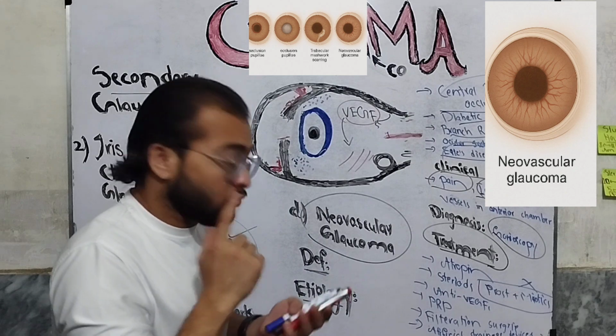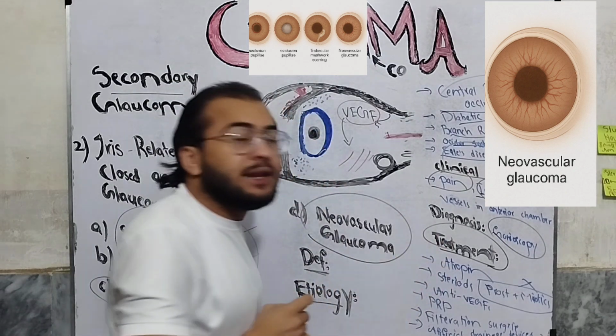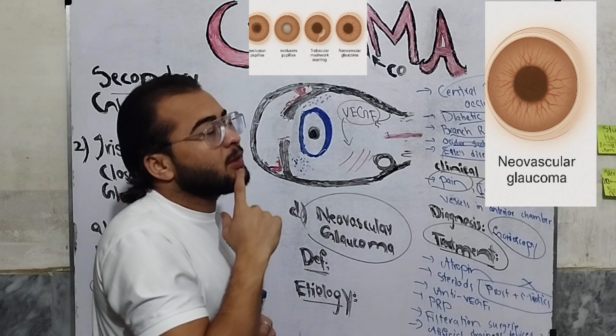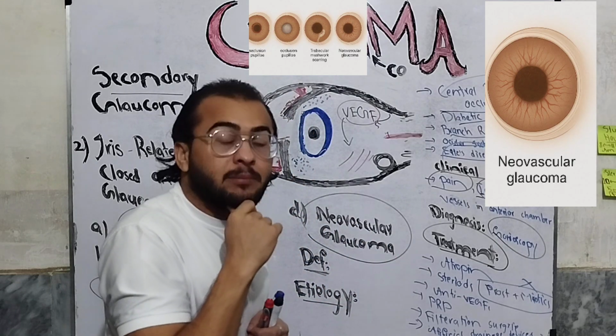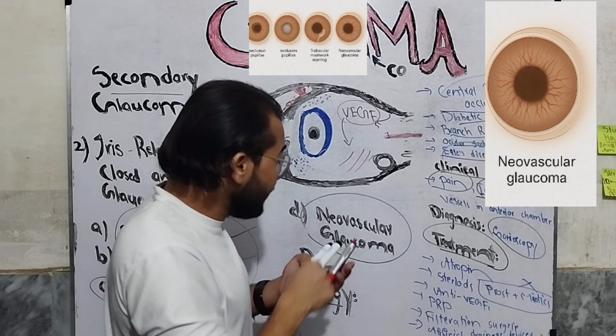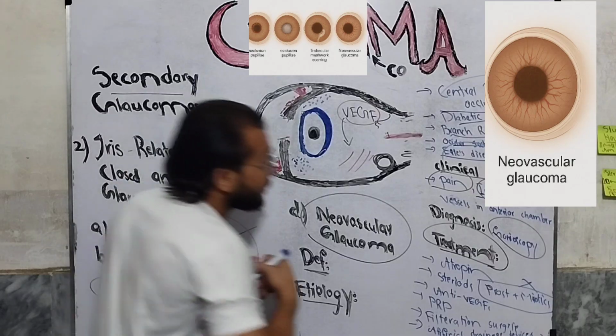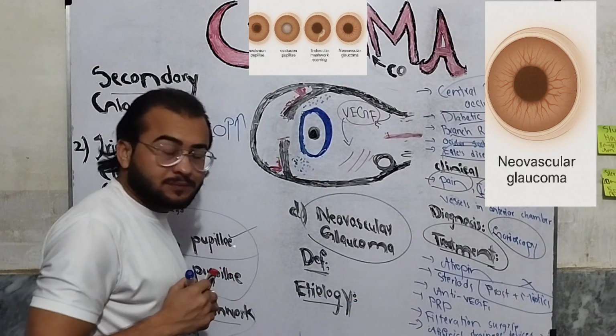First we will give anti-glaucoma therapy, for example carbonic anhydrase inhibitors, beta blockers, and atropine. Atropine is important. Why?